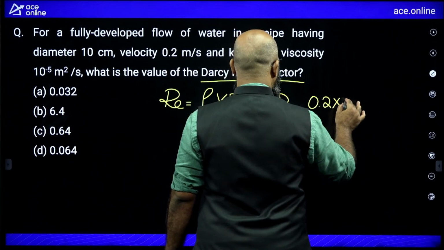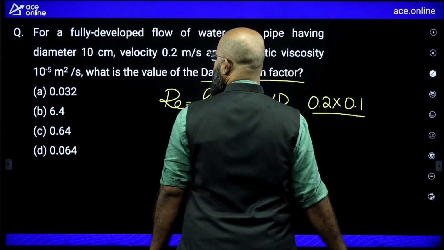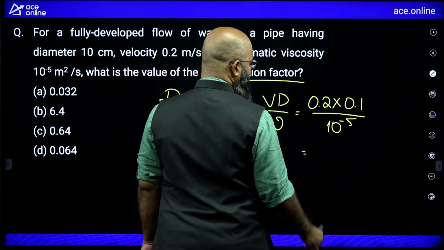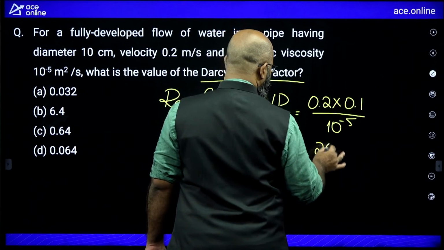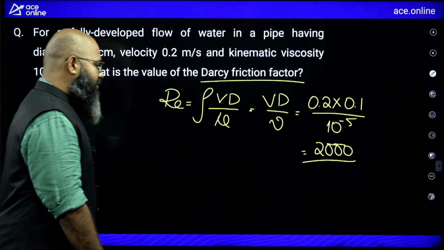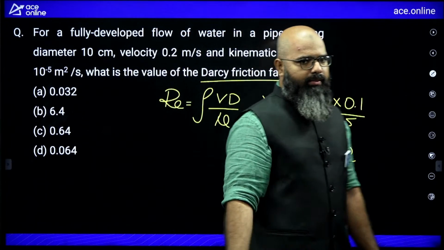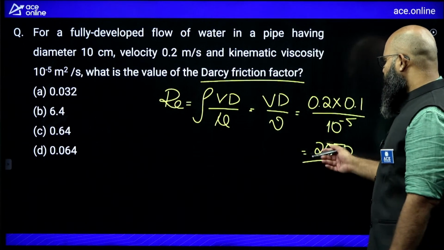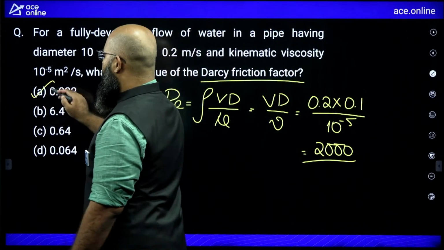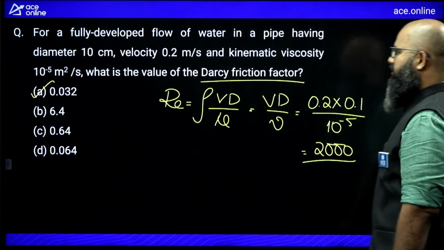Diameter is equal to 0.1 divided by nu is equal to 10 power minus 5. So this will be equal to how much? This is coming out to be exactly 2000. If it is 2000, then you can use laminar flow's formula, that is 64 by Re. 64 by 2000 will give you how much? It will give you 0.032. Option A would be correct over here.